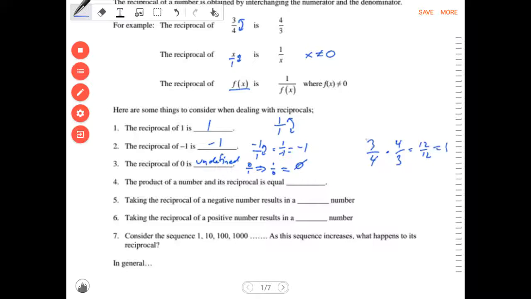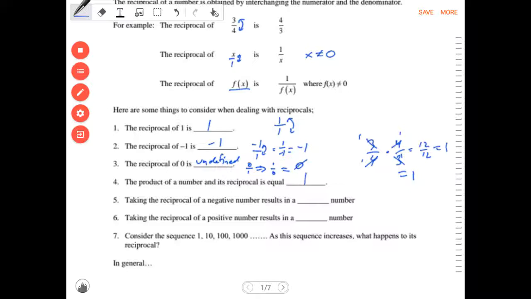Or we could cross off the diagonals, 1 times 1 divided by 1 times 1, which is just 1 as well. Either way you decide to multiply those, or type it into your calculator, the product of a number and its reciprocal is always 1.